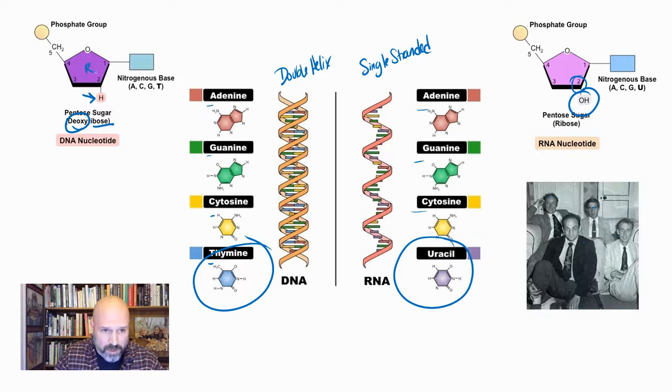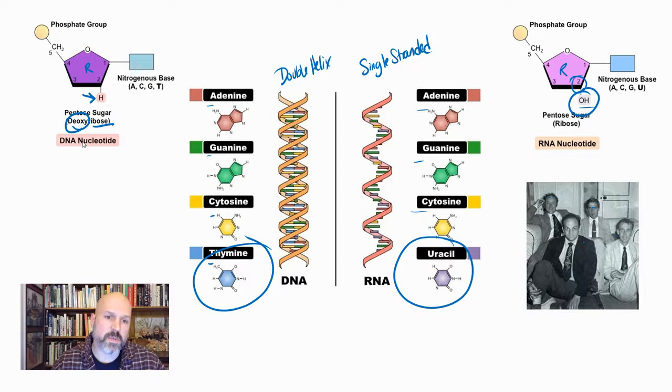This is a ribose sugar. Deoxyribonucleic acid, whereas RNA is just called ribonucleic acid because the OH is there, and that's where it gets its name: DNA, deoxyribonucleic acid, and RNA, ribonucleic acid. Okay.